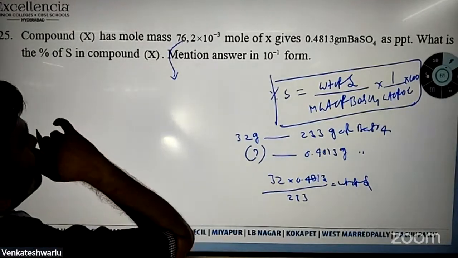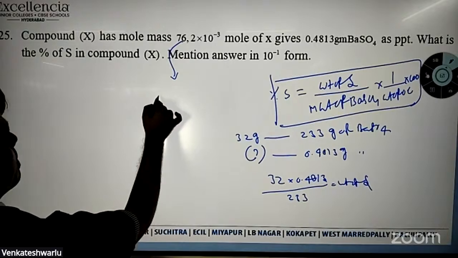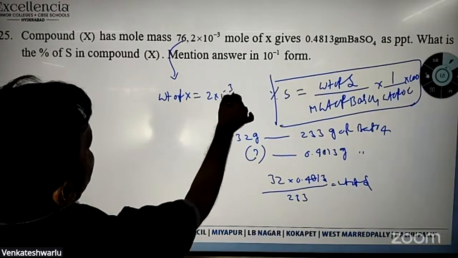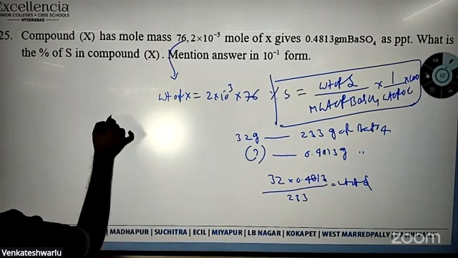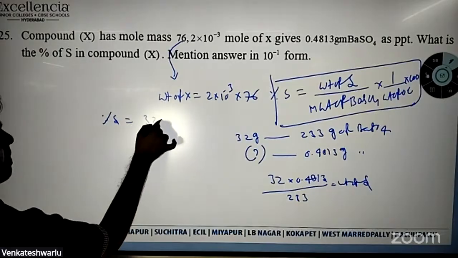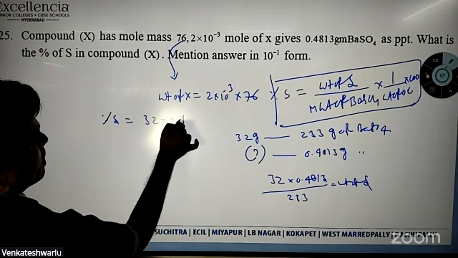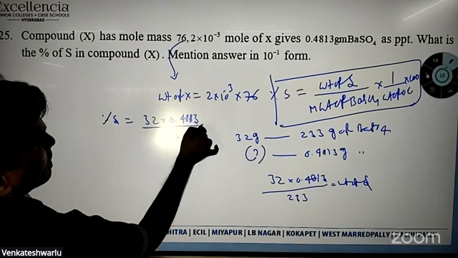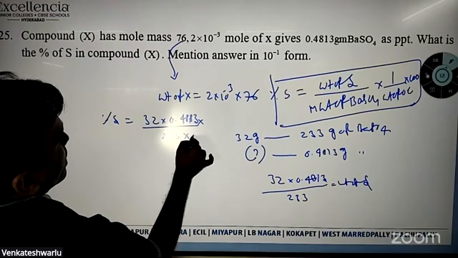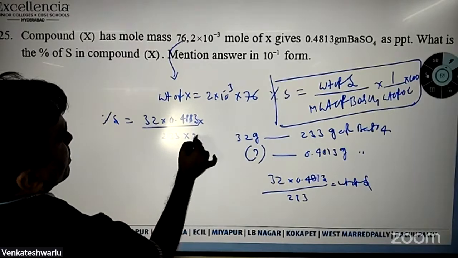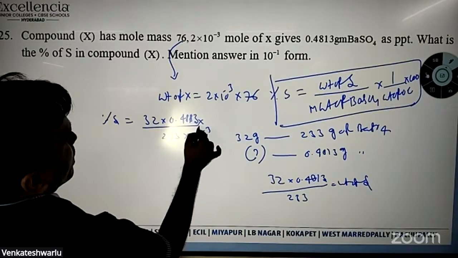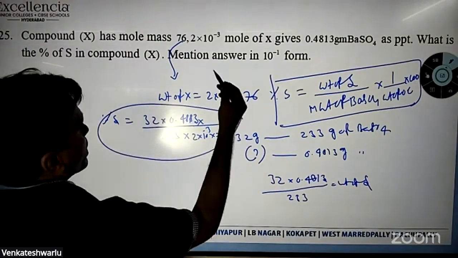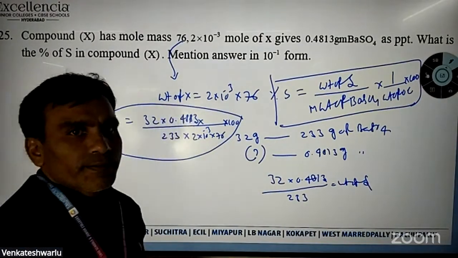Moles is given and molar mass is given, then we can calculate the weight of X. That is 2 into 10 power minus 3 into 76. Now the percentage of sulfur is 32 into 0.4813 by 233, divided by the weight of the organic compound, 2 into 10 power minus 3 into 76, into 100. Like this, we can find the percentage of sulfur.